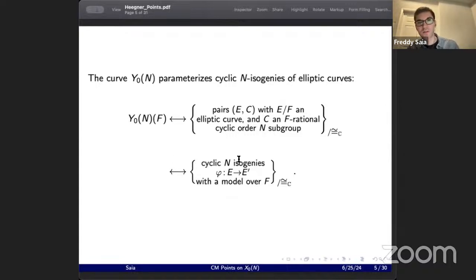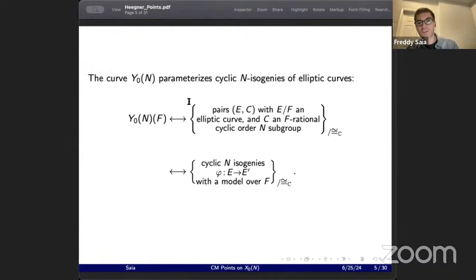These things are equivalent, of course, because if you have an n-isogeny, you take its kernel, and that gives you, by definition, a cyclic order n subgroup. If you have a cyclic order n subgroup C, there's a natural quotient of E, which we call E modulo C, and you have an isogeny from E to E mod C, just that natural quotient map.